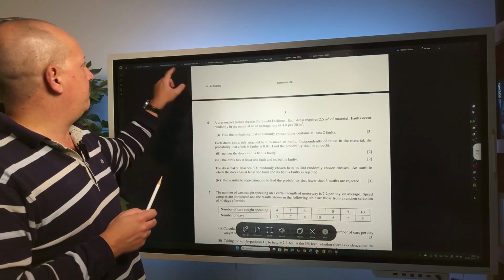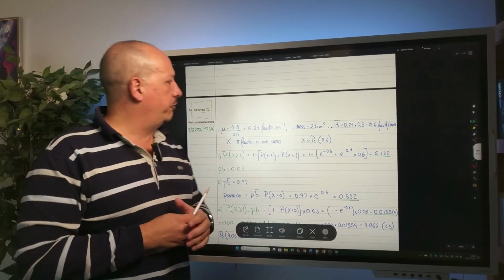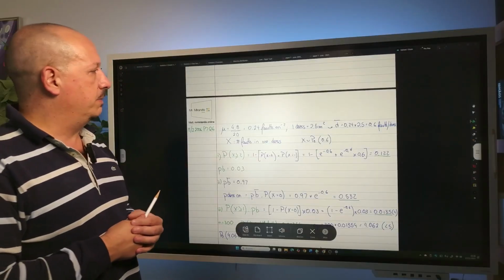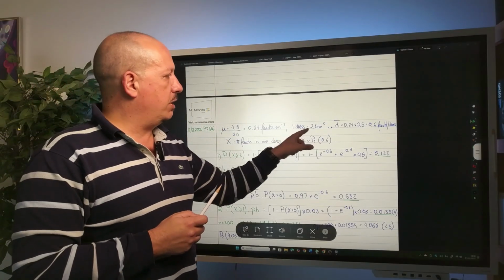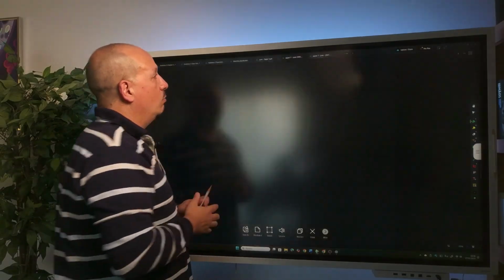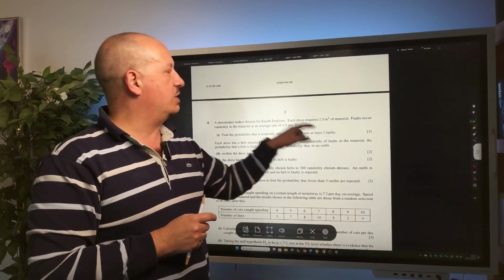So that gives an average of 0.24 faults per square meter of material. Now, one dress has a total area of 2.5 square meters. So what is the question again? What is the probability that a randomly chosen dress contains at least 2 faults?